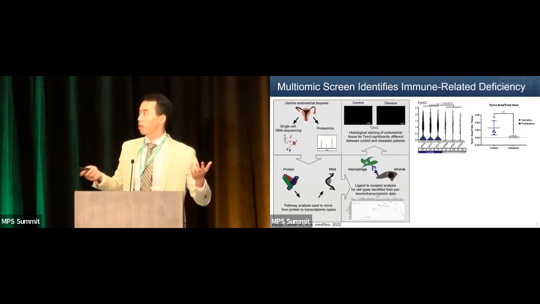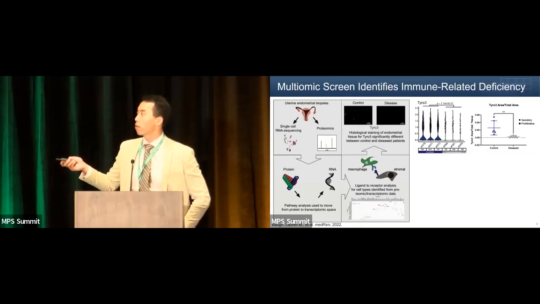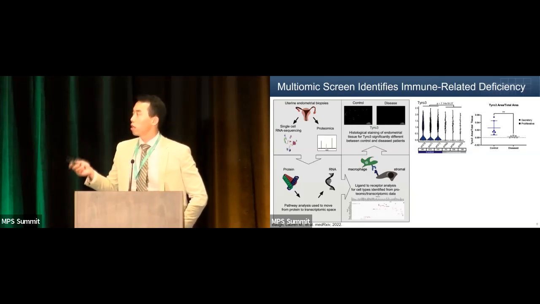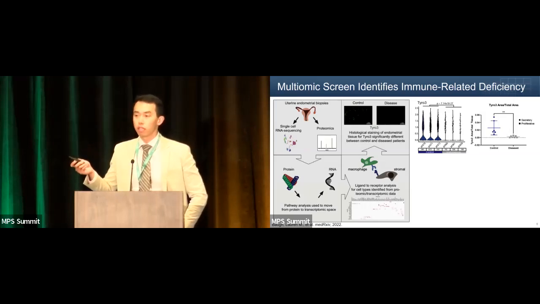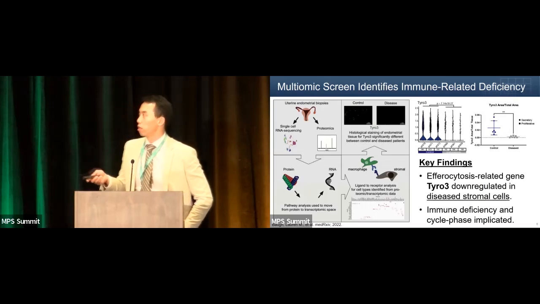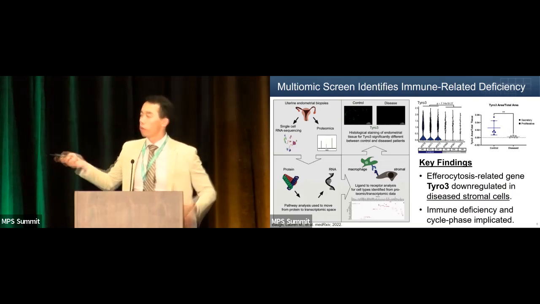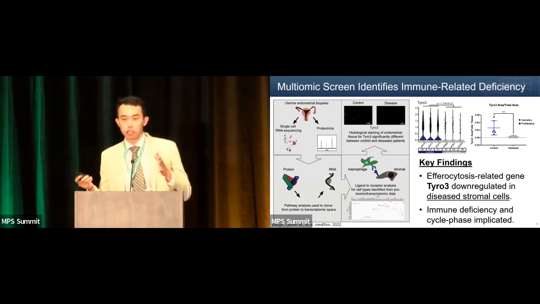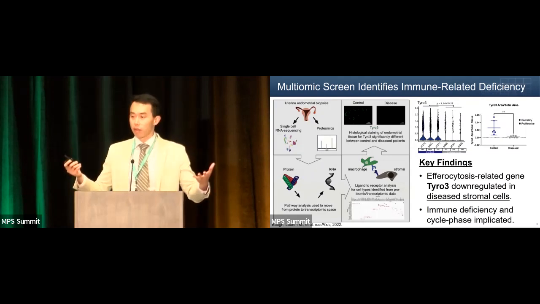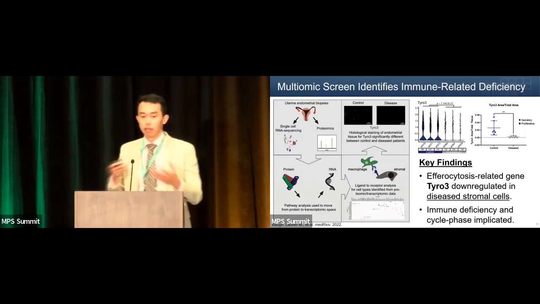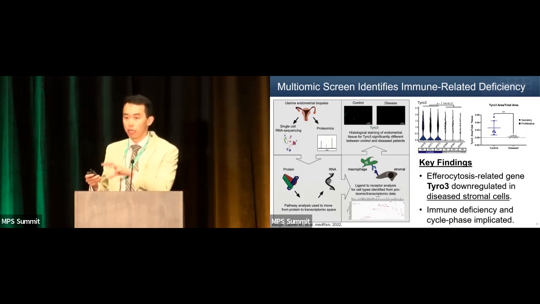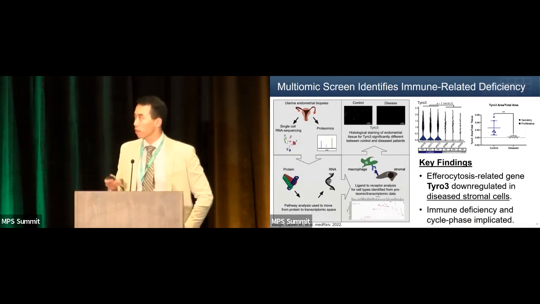The upshot of all this is that she found that TYRO3, a gene implicated in immune clearance response, is significantly downregulated in disease. So this pointed to a potential immune deficiency in terms of tissue clearance, which I previously described as phenotypically present but which actually hadn't been molecularly characterized up to this point.